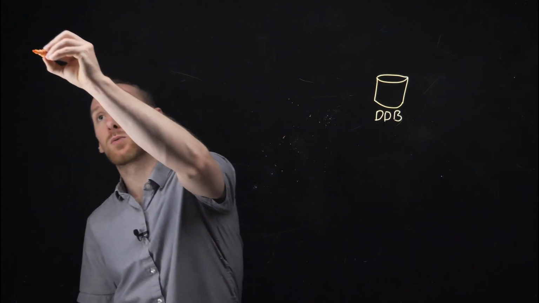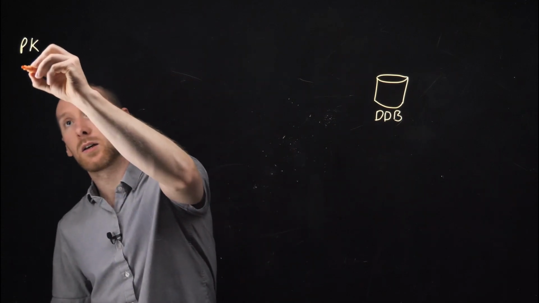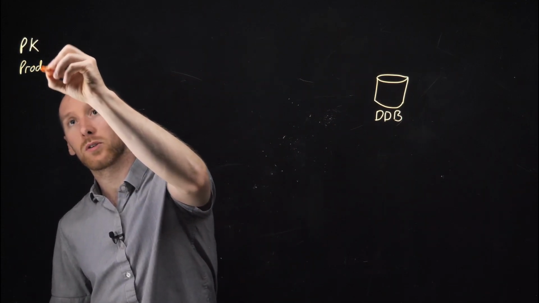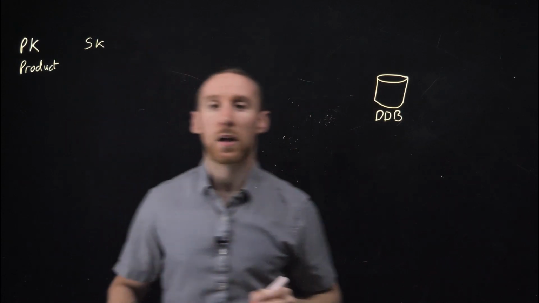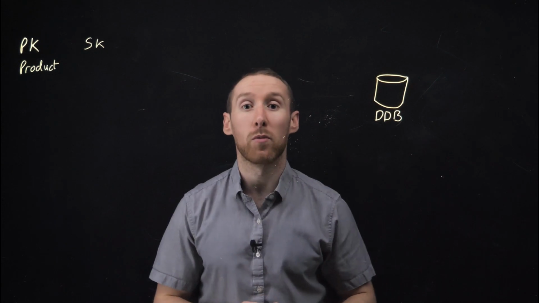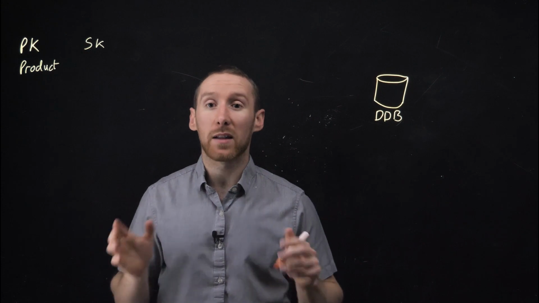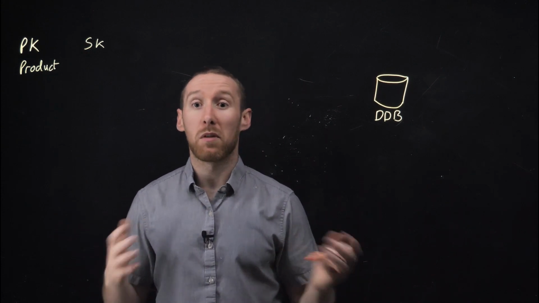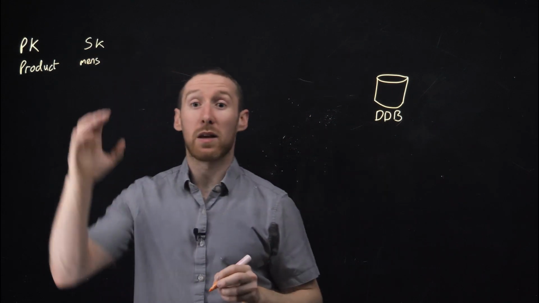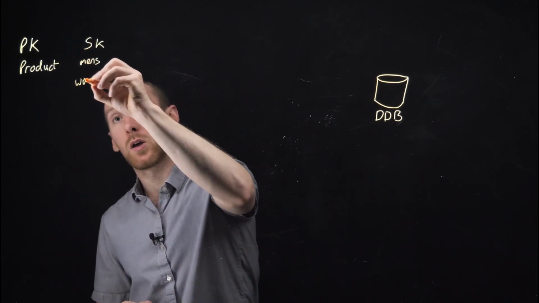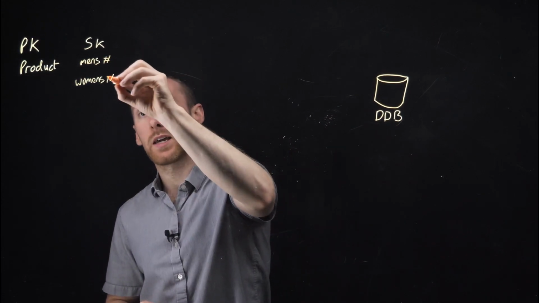So what we can have is a partition key. I might set the partition key to be product, and the sort key, this time I'm going to start making this a little bit more advanced. So instead of just putting an ID in here, I'm going to add some categories. First I want to start with men's, and if I had a female product it would be women's, and then I'm going to add the hashtag here.